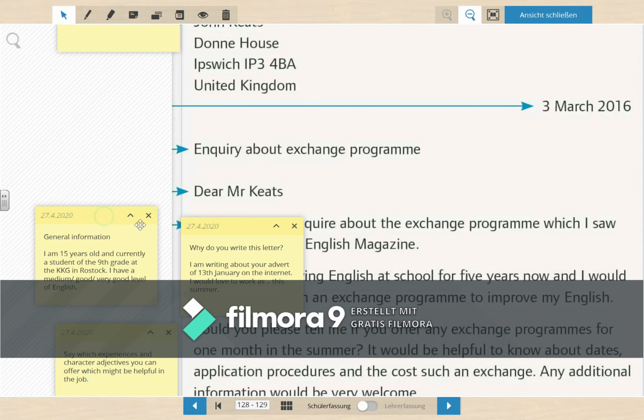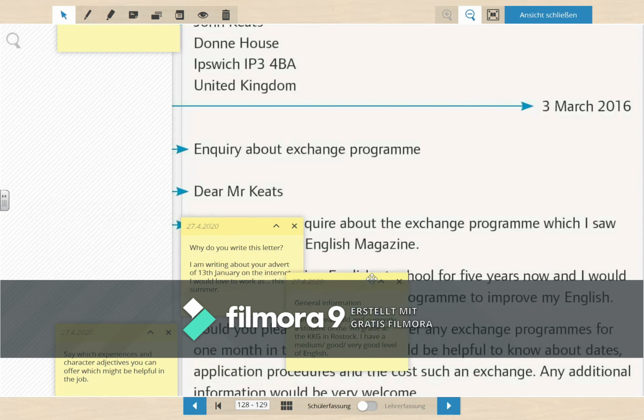In the second paragraph, im zweiten Absatz, give some general information about yourself, like the age, or are you a student, do you already work, where do you live? And here is an example. I'm 15 years old and currently a student of the 9th grade at the Käthe-Kollwitz-Gymnasium in Rostock.